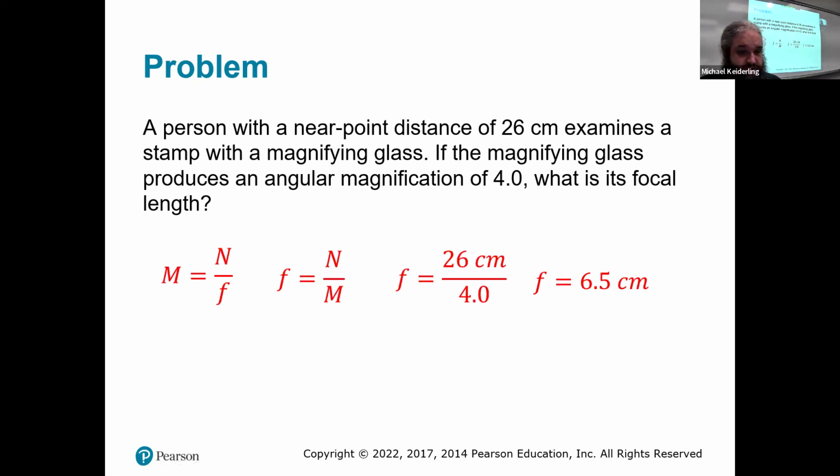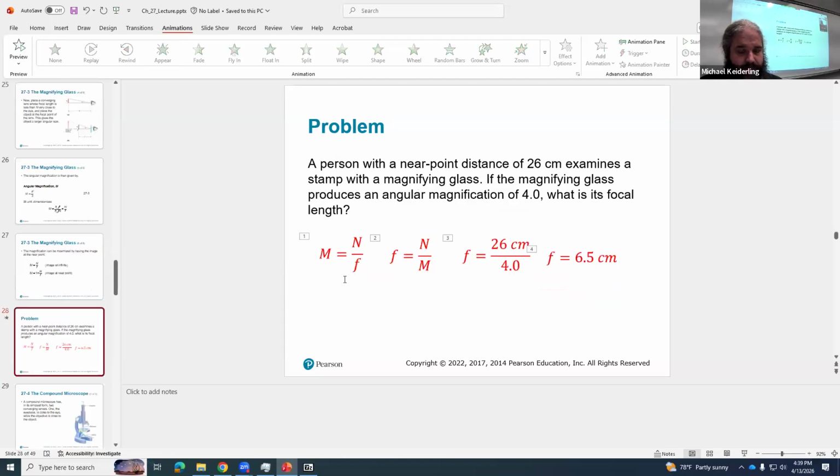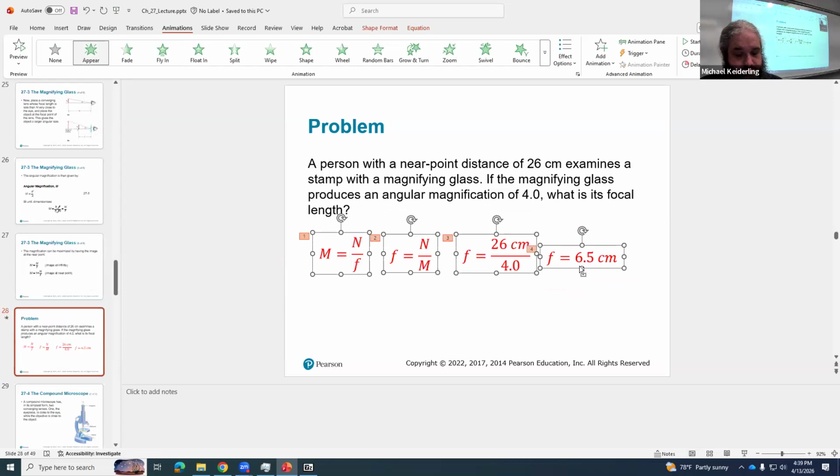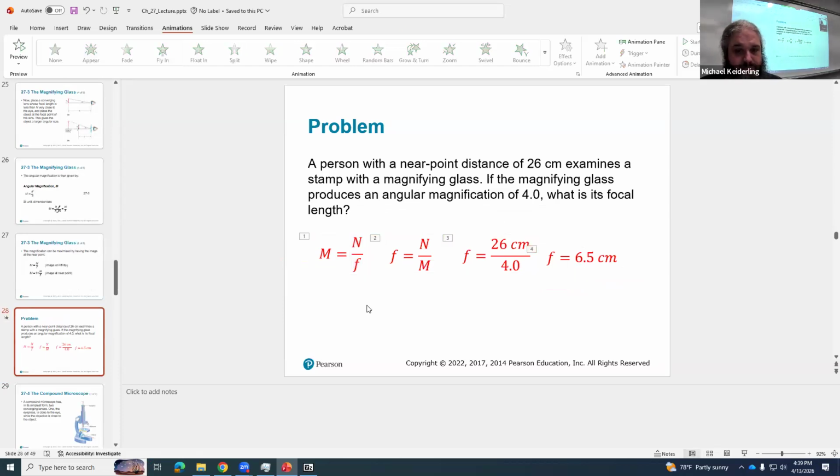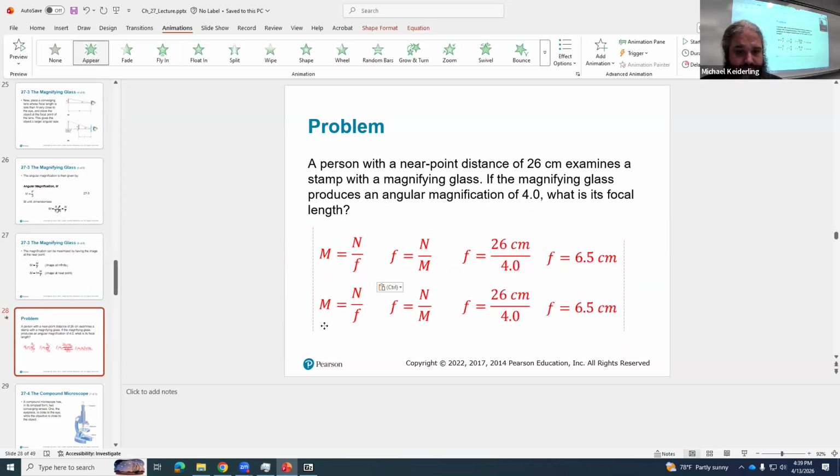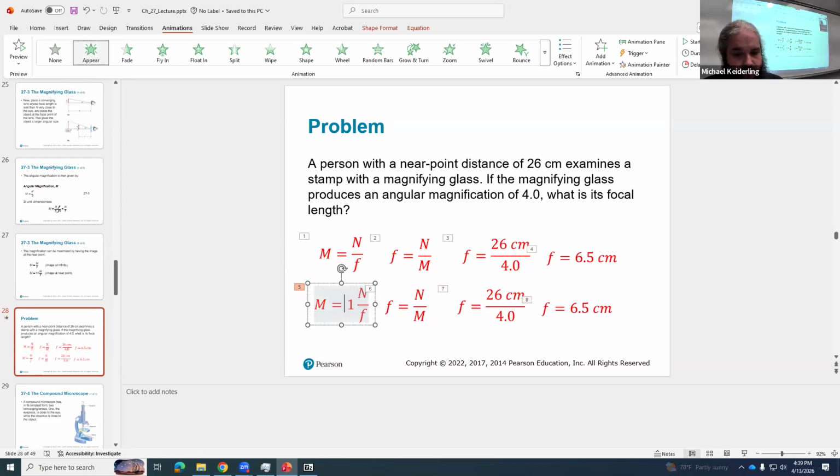However, you could have a situation where you adjusted things to put the image at the near point, wherein magnification is 1 plus n over f.